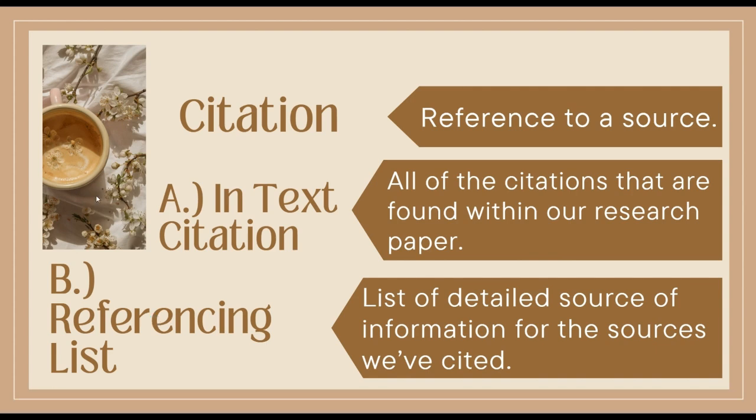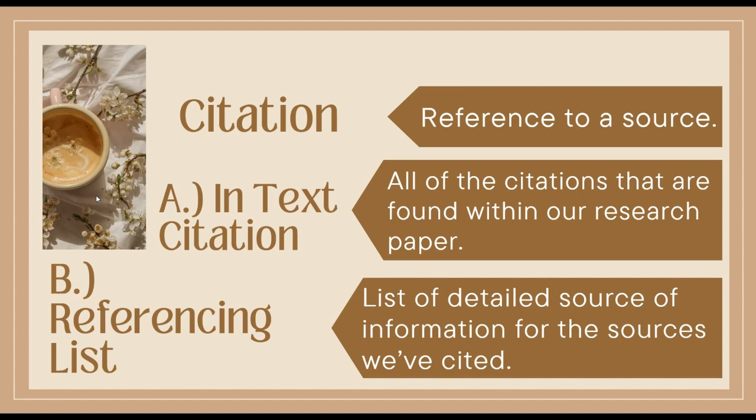The in-text citation, it is all of the citations that we found within our research paper. So when we say in-text citation, these are the type of citations that we mainly found at the body of our research paper.